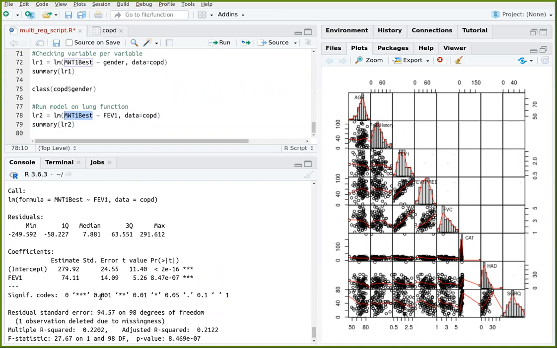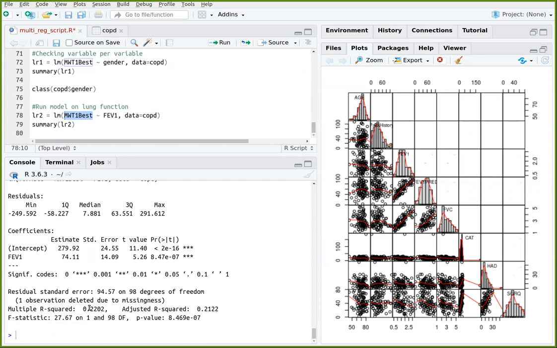It says 3 stars, very significant. Here's the scientific notation, so this means there are a lot of zeros. This is the estimate, the coefficient. It's a positive association, so the more lung function, the more walking distance, which makes sense. An increase in FEV1 leads to an increase in walking distance. A unit increase in FEV1 leads to an increase in walking distance of 74.11.